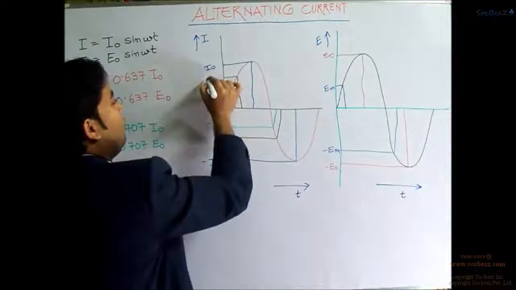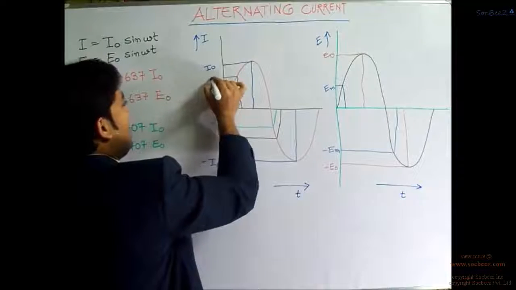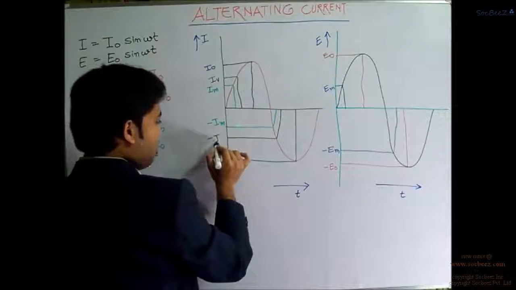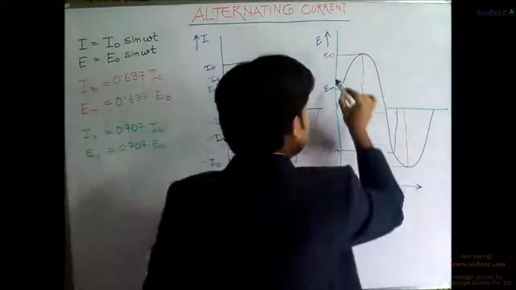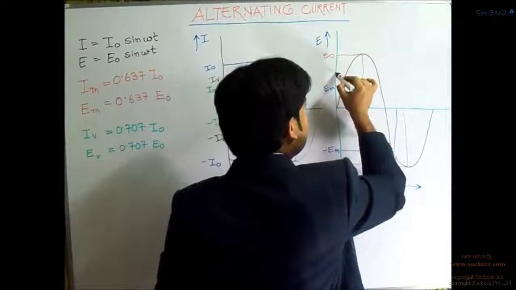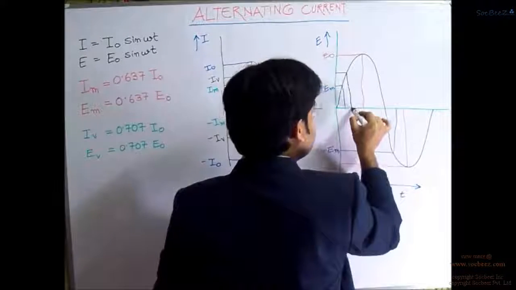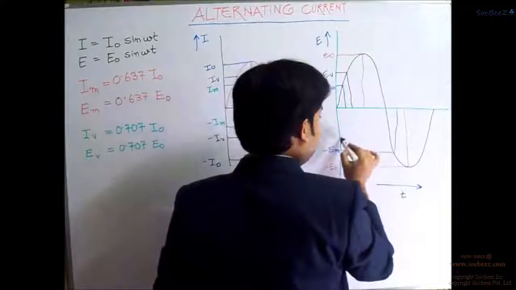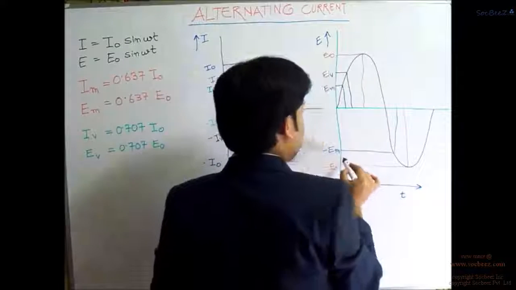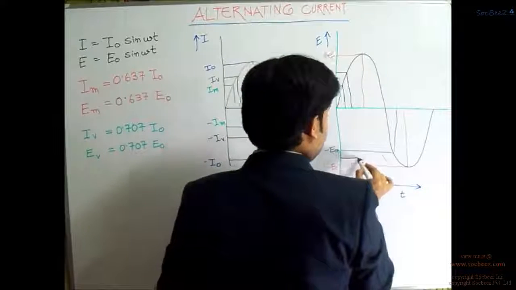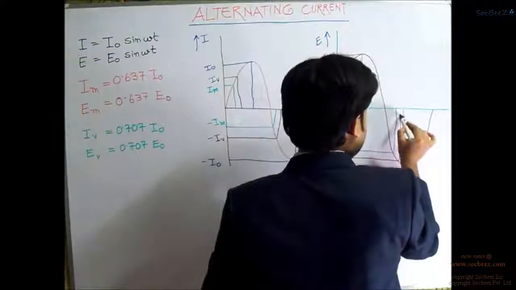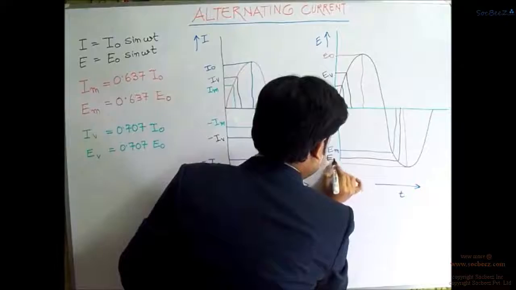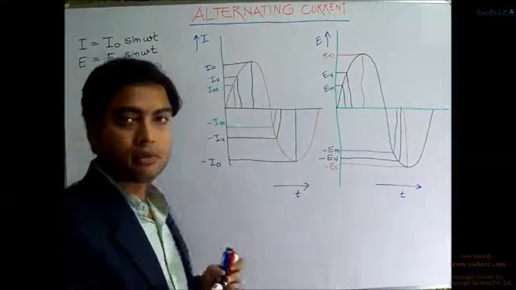So this value will be IV, this will be minus of IV, the same applies here, this will be EV, and this will be minus of EV, right?